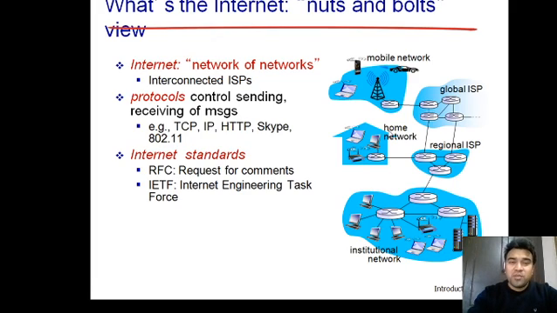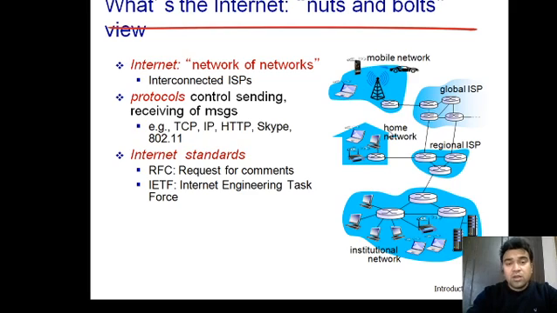The internet is nothing but a network of networks. I hope you must have heard this definition of the internet, that we call it a network of networks. That means it's a very big infrastructure, and it's all about the internet service providers, which have laid down this network across the world.